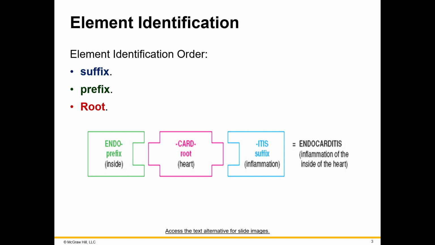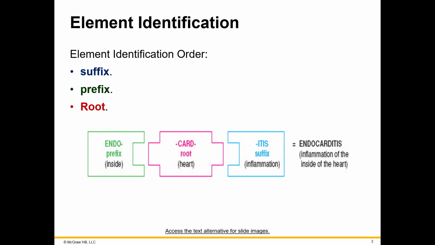As you can see in the example that we have below, we would start with identifying itis as inflammation, and then we would go back to the beginning and identify endo, the prefix meaning inside, followed by card, the root for heart. Now, you might be used to seeing cardi for heart, but in this case, that I now belongs to the suffix.